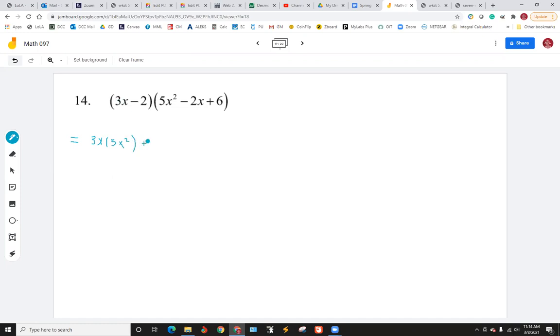And then plus 3x times the middle one. So there's the first three, and I'm just going to keep on going because now I'm going to use the -2 times the first one.